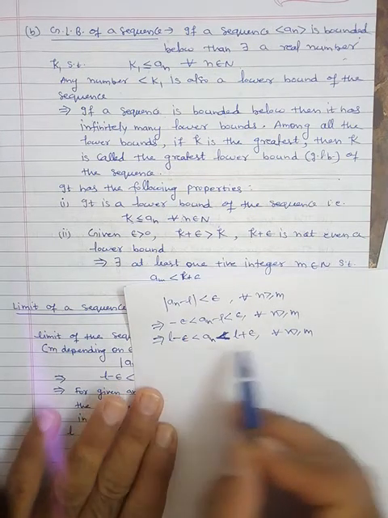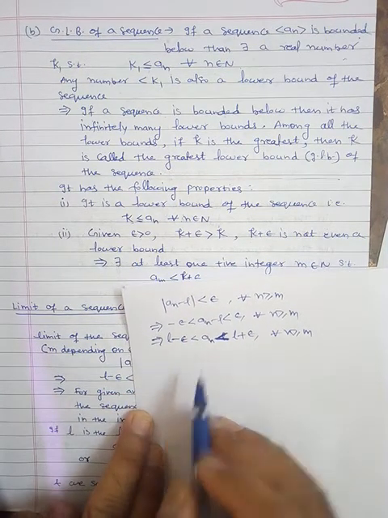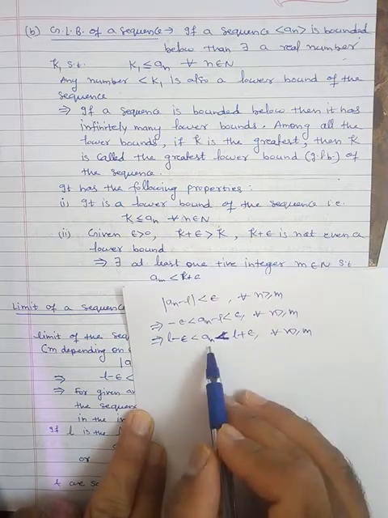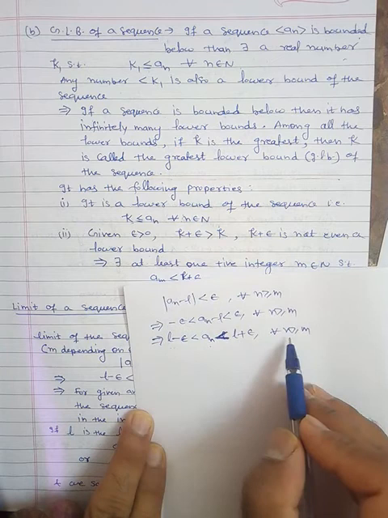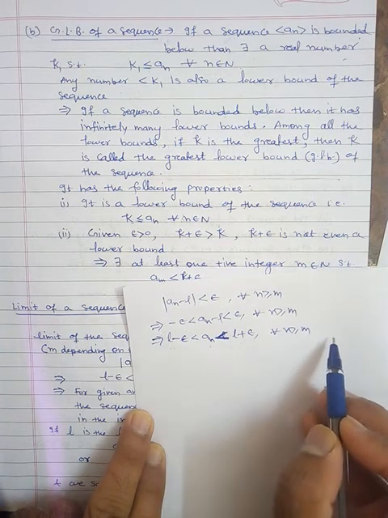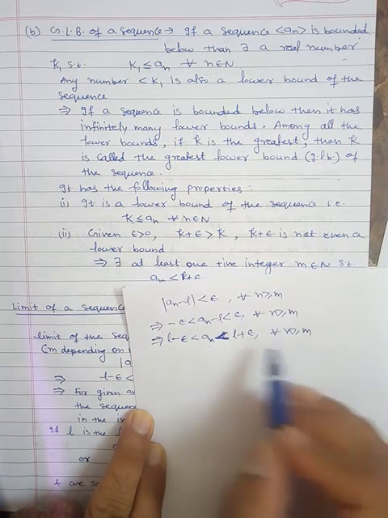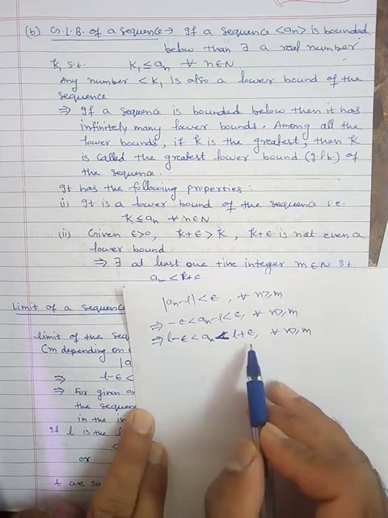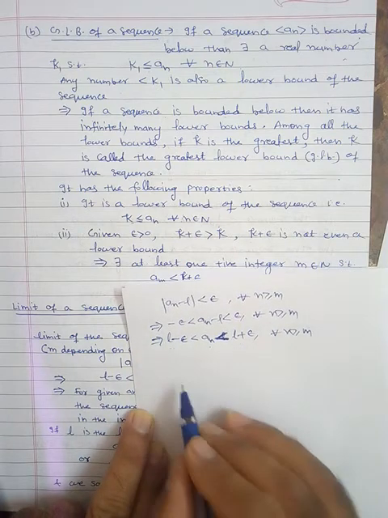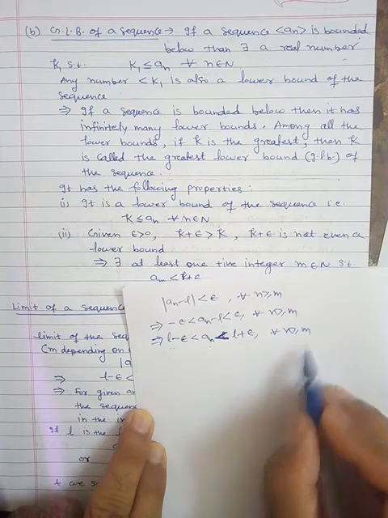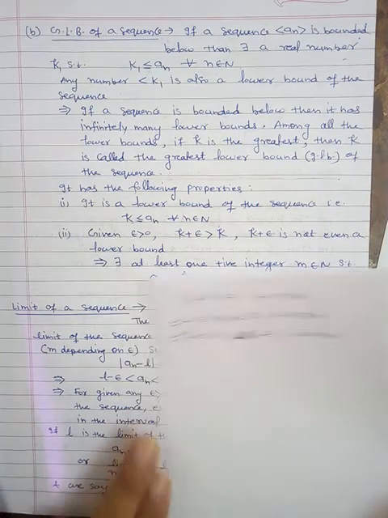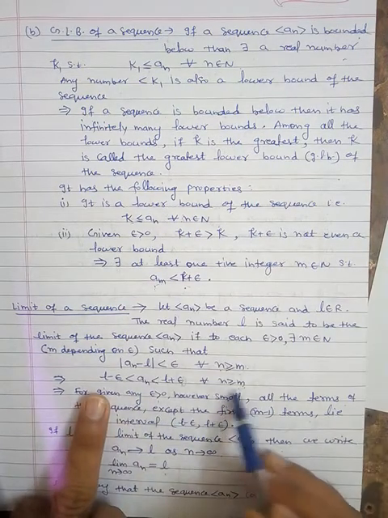So this condition says that this inequality holds. That means a_n is lying in between L minus epsilon and L plus epsilon for all n greater than or equal to m. This condition may or may not be satisfied by the natural numbers from 1 to m minus 1. That's why we have this condition.